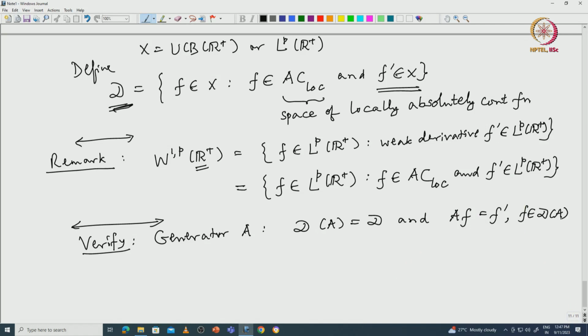So we have that the semigroup of left translations and its generator is given by the derivative.